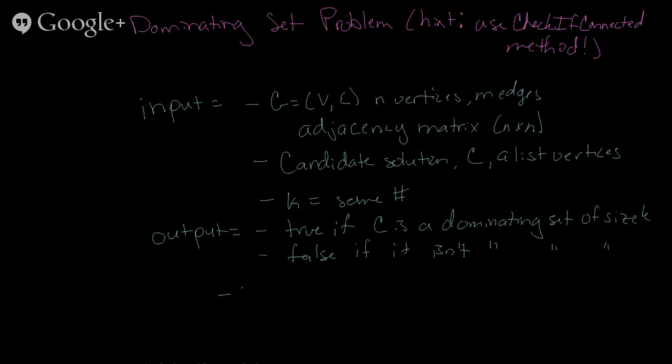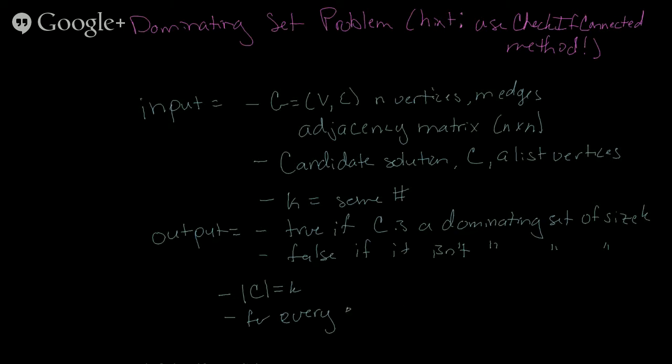You need to make sure that obviously the size of C equals K, and you need to make sure that for every pair of vertices in G, I won't say every pair. We need to look at every vertex itself.